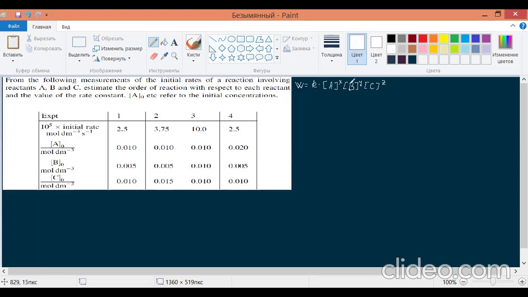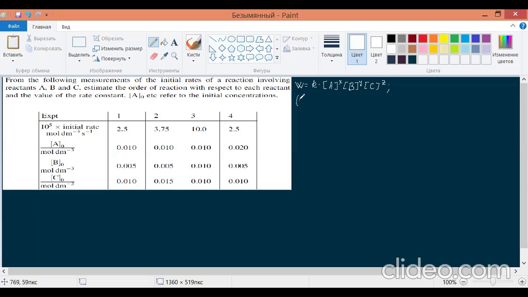Now, let's write the equations for each of the four experiments one by one in order to see which of them we can couple to get the least procedures to calculate the values of X, Y, and Z.